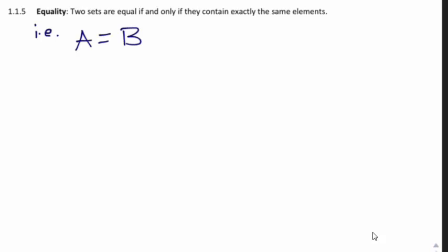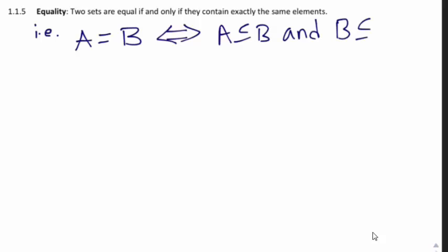That is, A equals B if and only if A is a subset of B and B is a subset of A.